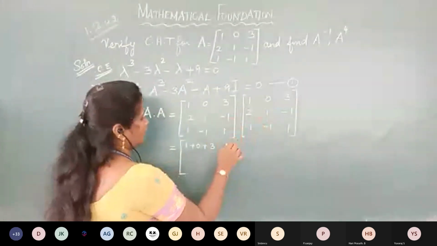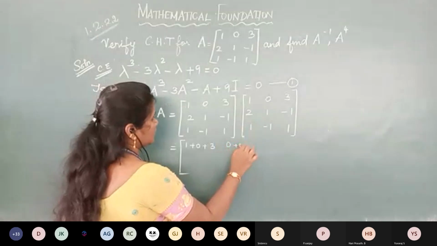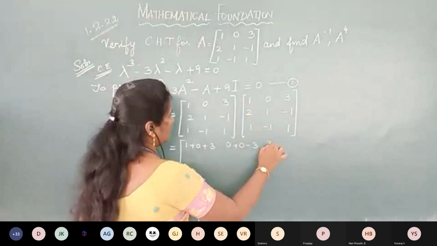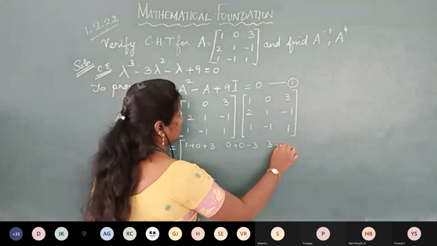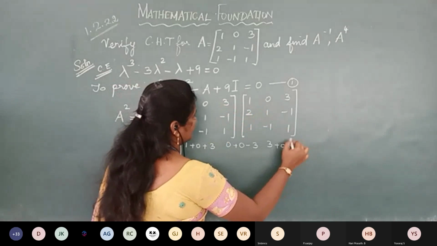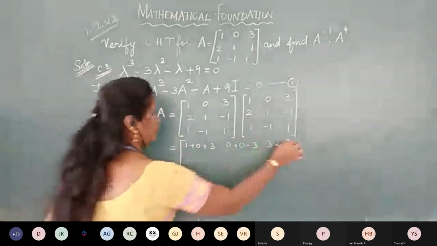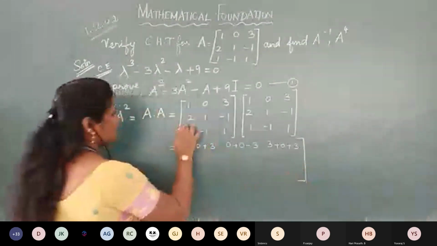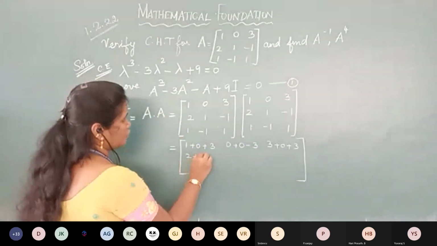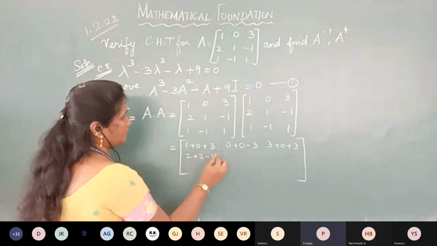First row, second column: 0 plus 0 minus 3. Then 3, 0 minus 0 plus 3. That is your first row. Second row and first column: 2 plus 2 minus... plus 1.